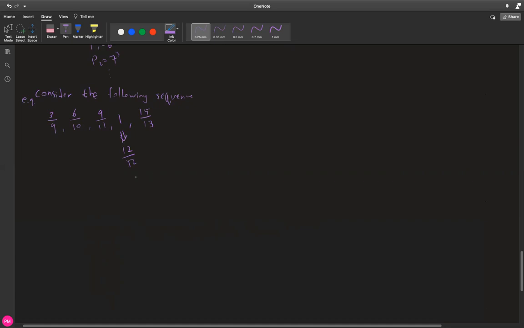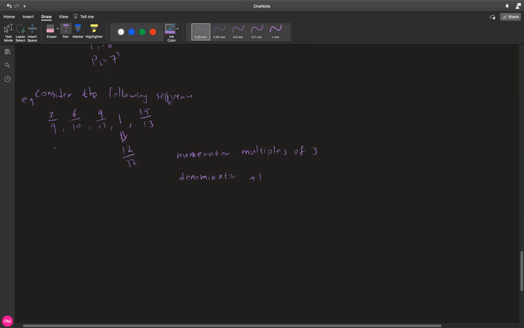So the numerator is going up by multiples of 3. What about the denominator? We start from 9, 10, 11, 12, and 13. So it's only going up by 1 each time.